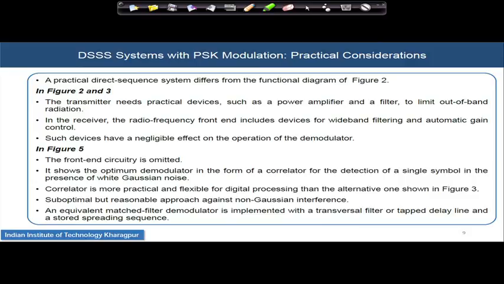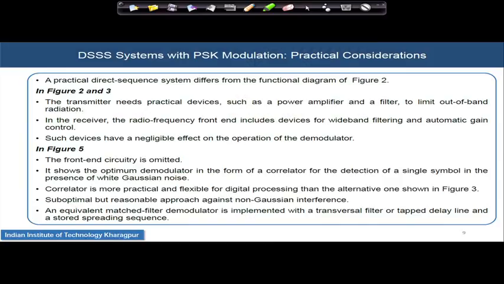The equivalent matched filter demodulator is implemented in practice by means of a tapped delay line or transversal filter, and the stored spreading sequence is also utilized for online or offline processing of the spreading in the receiver circuitry. In the next module we will continue with the architecture mentioned in figure 5 in detail to do the performance analysis of direct sequence spread spectrum systems.